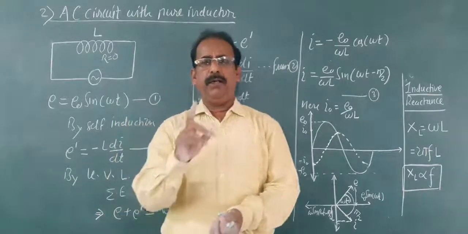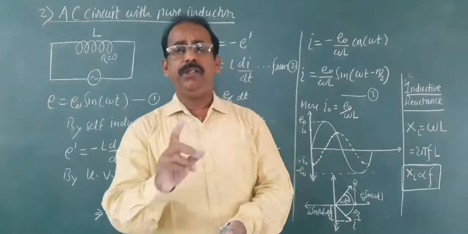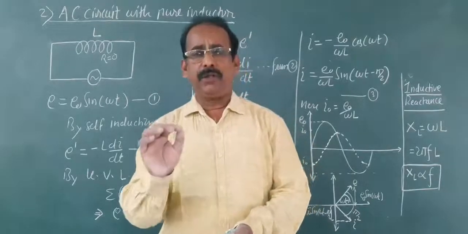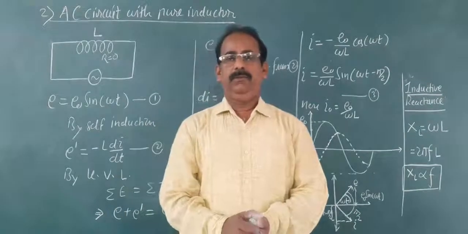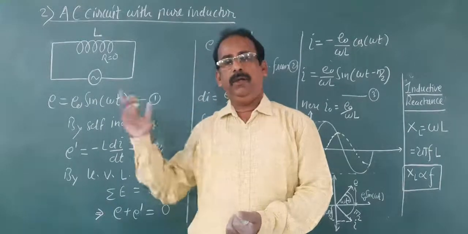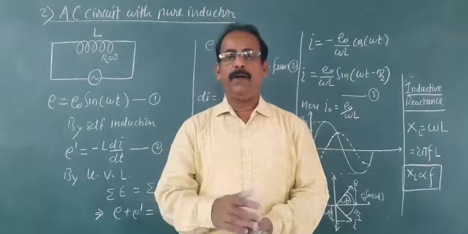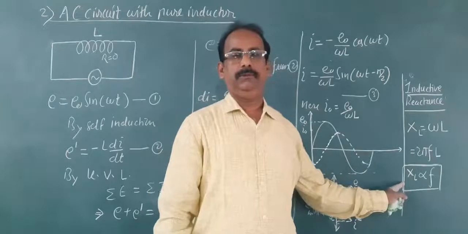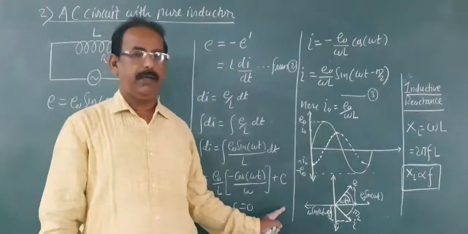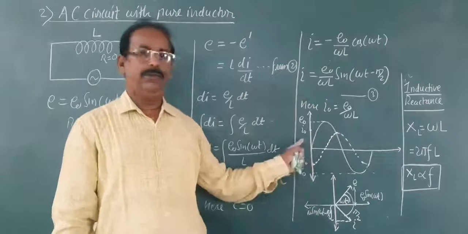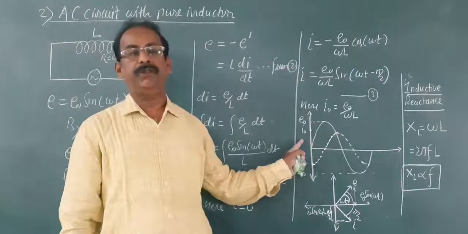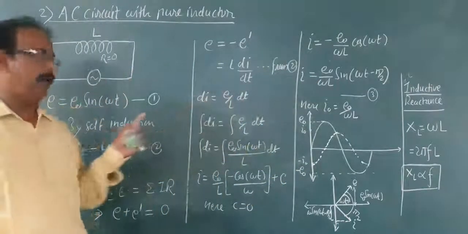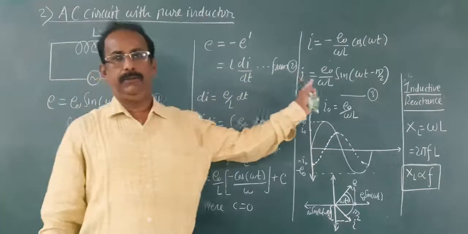Means this inductor allows DC current. Inductor always allows DC current and opposes AC current. This is inductive reactance. This is phasor diagram. This is graphical representation of EMF and current. And these are the equations for EMF and current.